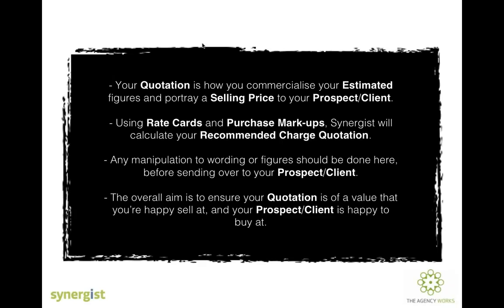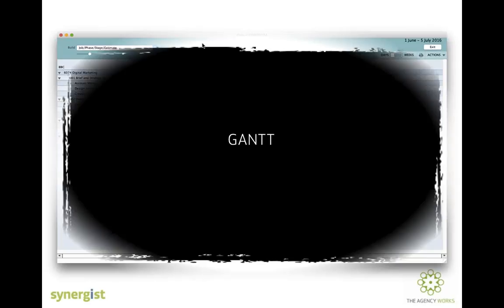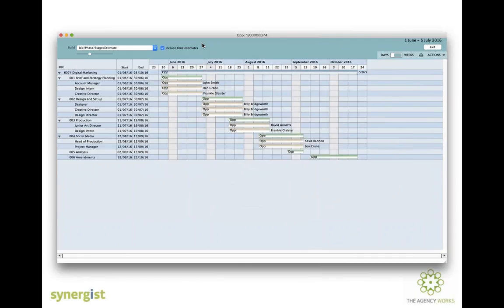Now the next area: we've built our estimate, we know exactly how many hours, who we need, etc. The next thing to do is look at the job, where we've got this many hours estimated of this resource, but when do those hours need to be scheduled?